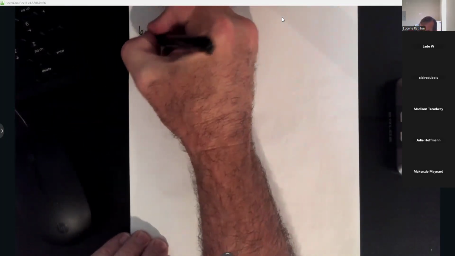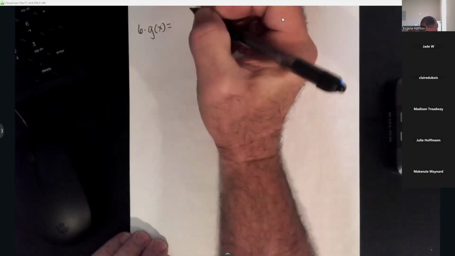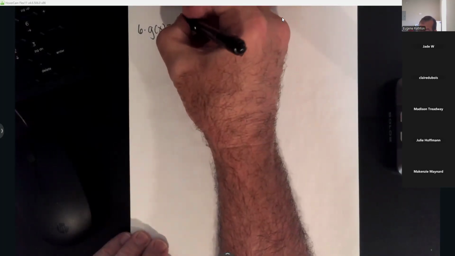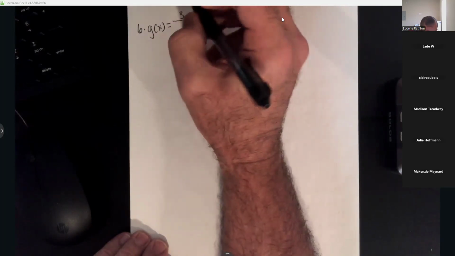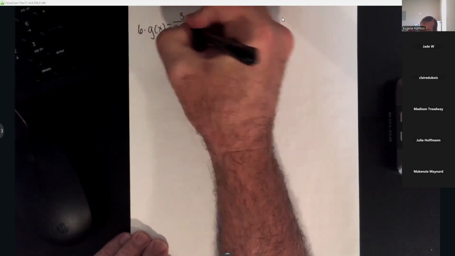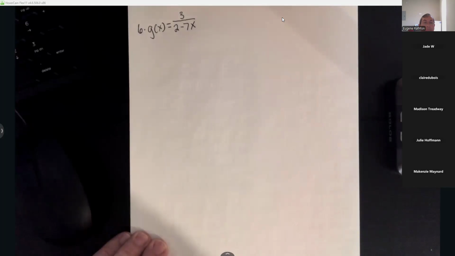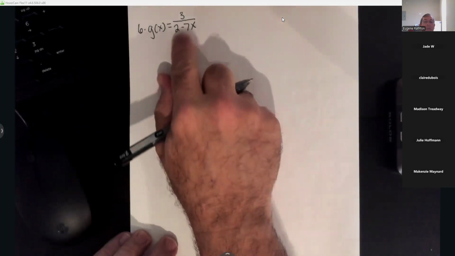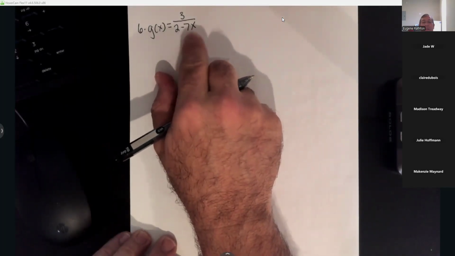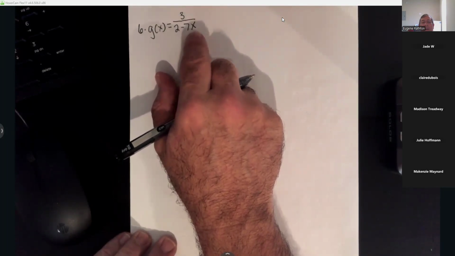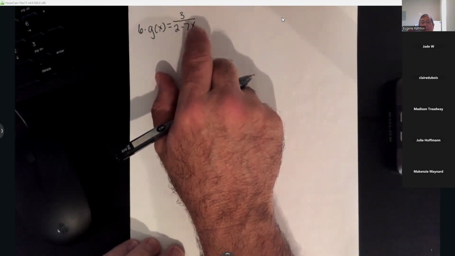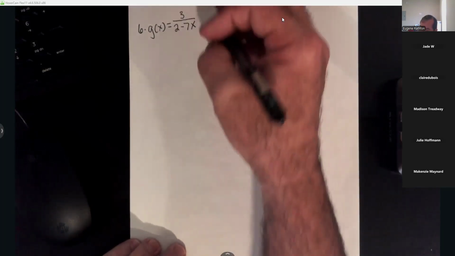This one is g of x equals 3 over 2 minus 7x. So see, this one's a little trickier to see what kind of numbers I need to exclude. So I'm just going to set it equal to 0 and solve that and see what we get, okay?